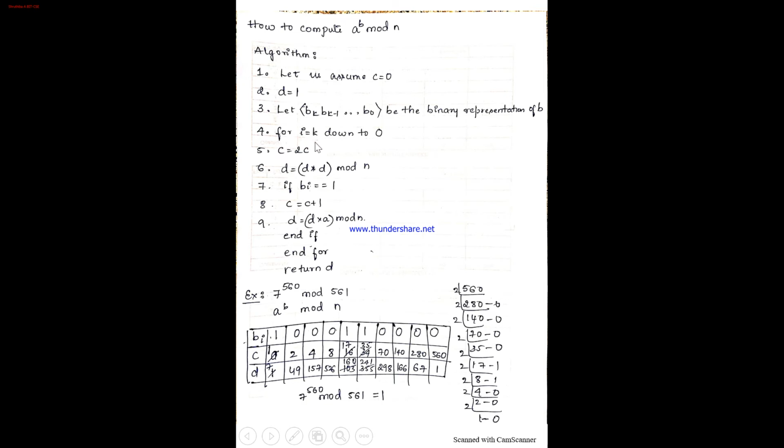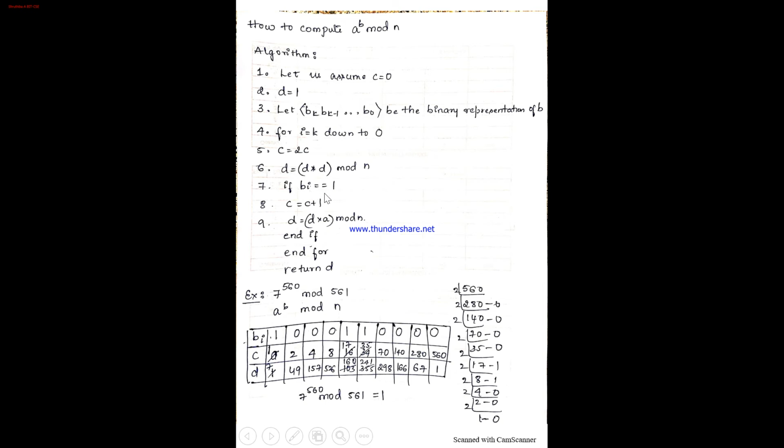Next, for i equal to k down to 0, for each and every bit we work. First c is equal to 2 times c. Next d is equal to d into d. Initially d is equal to 1, so each time you have to perform d into d mod n.